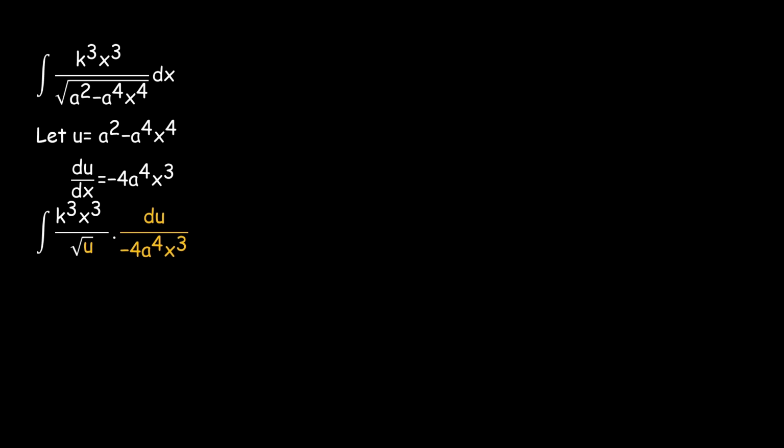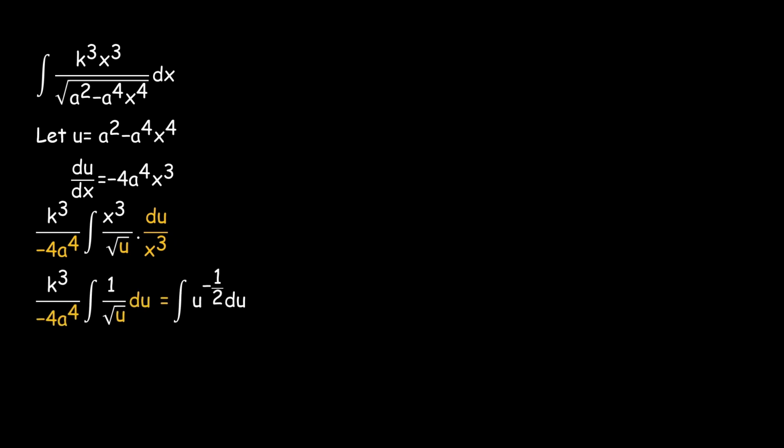We're going to take out the constants, cancel out the x cubed, and we have the integral of 1 over square root of u, which is the same as the integral of u to the power minus half. And then if we add 1 to that power and divide by the new power, we'll get u to the power half over half plus c. Simplifying this, you get 2u to the power half plus c.